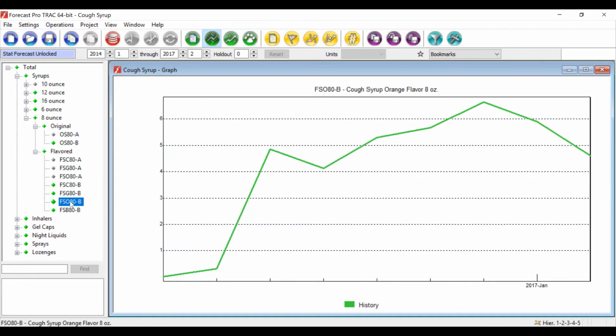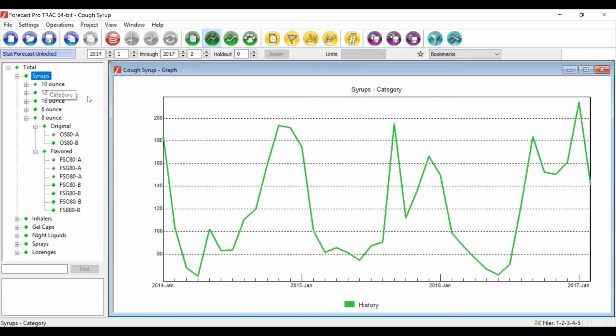So before we really show the benefits of the top-down forecasting approach, let's take a look at what the alternative is, which is a bottom-up forecast. At the bottom-up level, we're forecasting at the item level, at the SKU level, and then aggregating up to size, and then to the product group.